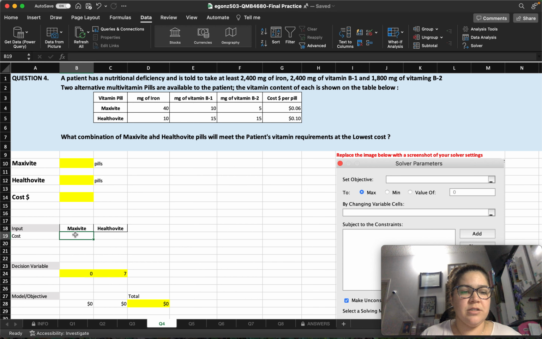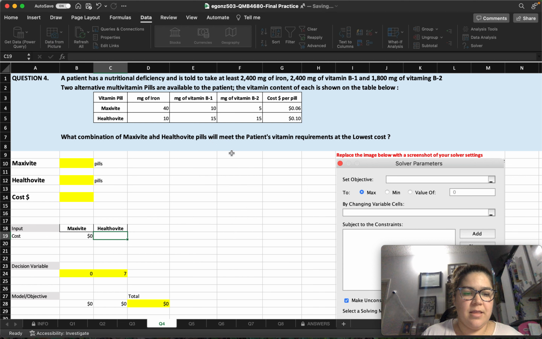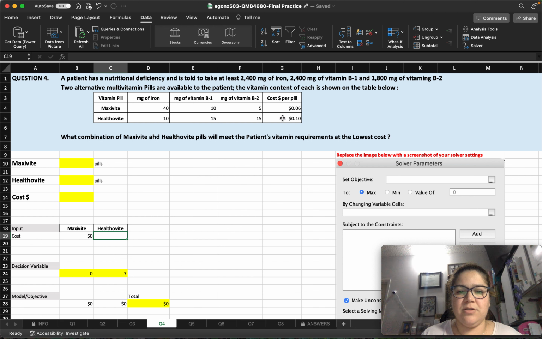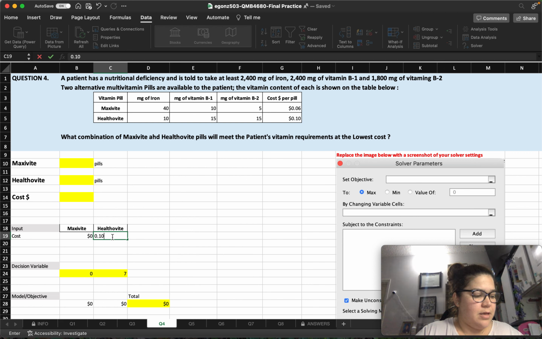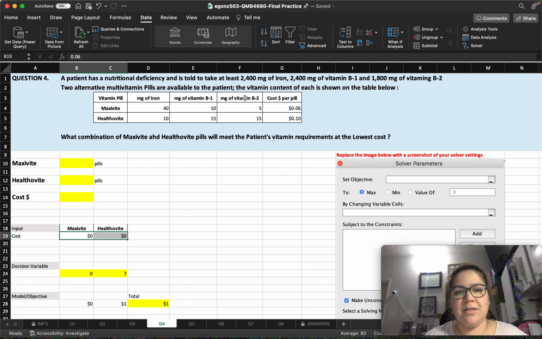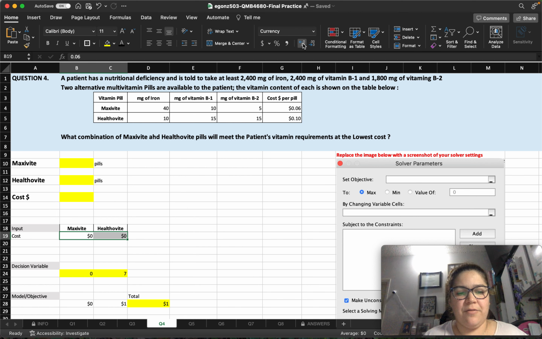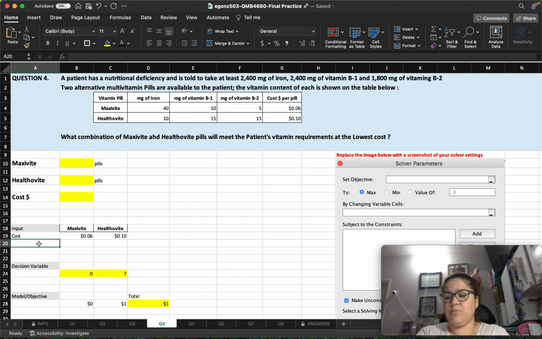And so the cost for this one is going to be 0.06. And then the cost for the second one is going to be 0.10, right? What's happening here is it shows 0 because I don't have any places after the comma. So after cost, what are we going to have?